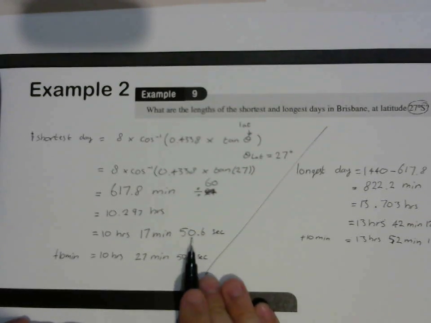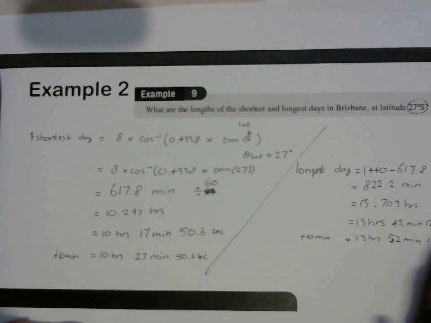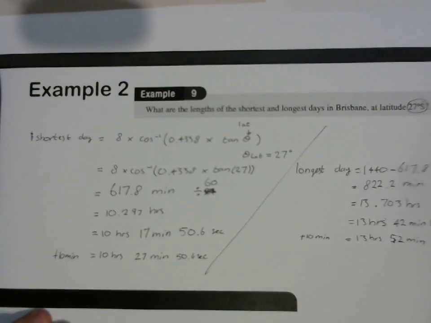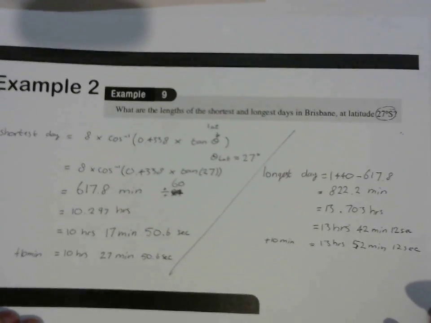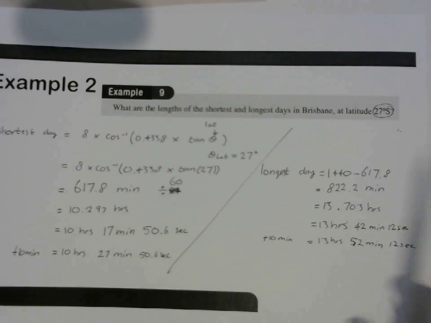And there's a little bit of difference between these. You might have noticed they're a little bit off. That's just a rounding error. That's fine. So that's how you calculate the lengths of the shortest and longest days using the latitude of a position.